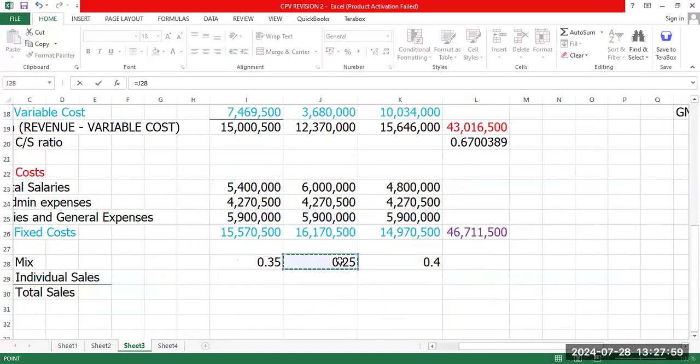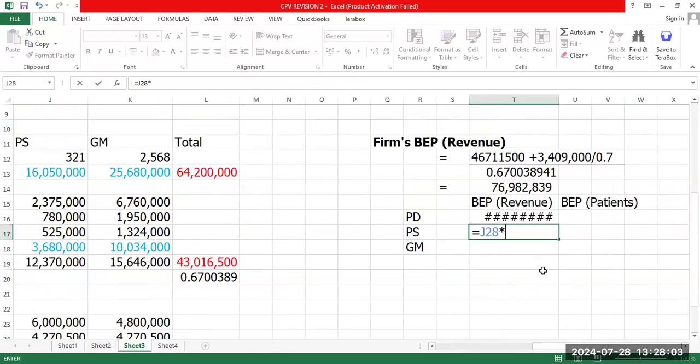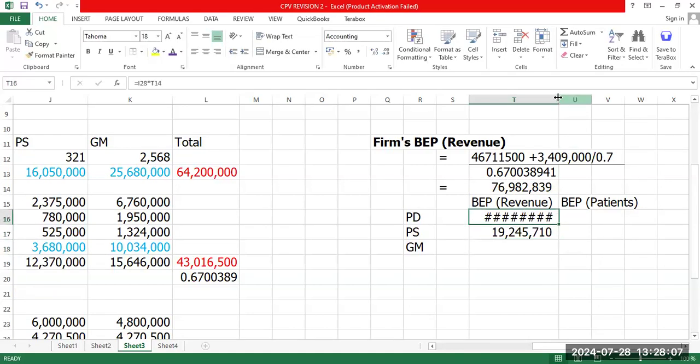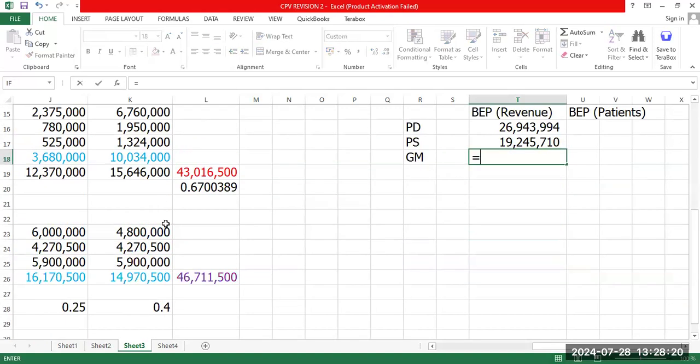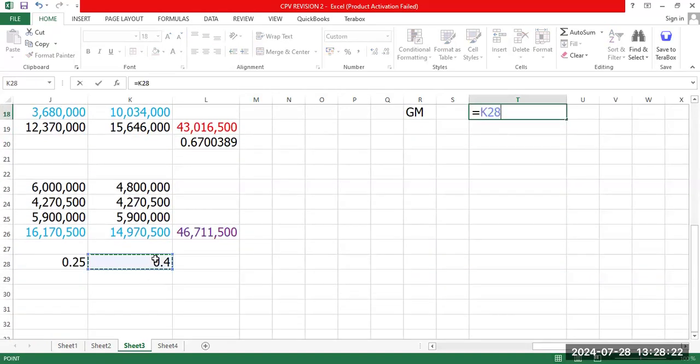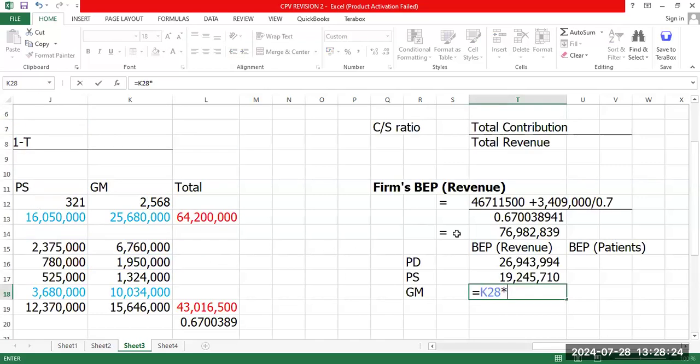It is 0.25. Then times firm's break-even point in revenue. So revenue, we can make a whole number. Then lastly, you also do the same. Here it is 0.4 multiplied by the farm's break-even point in revenue.